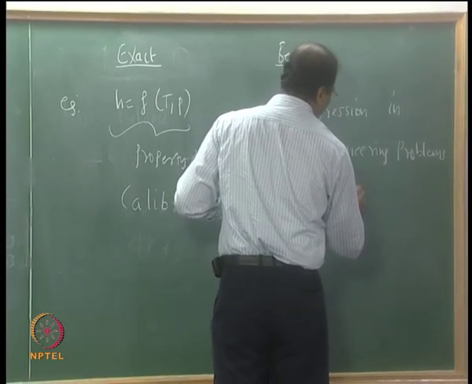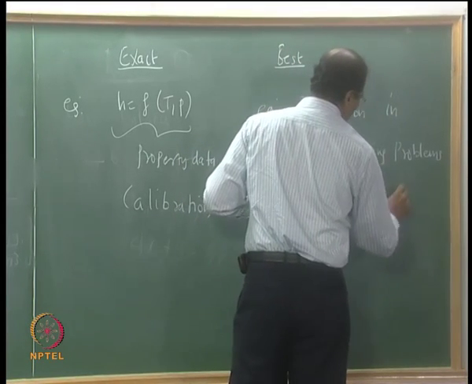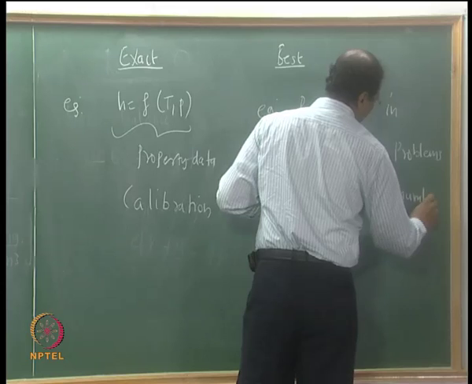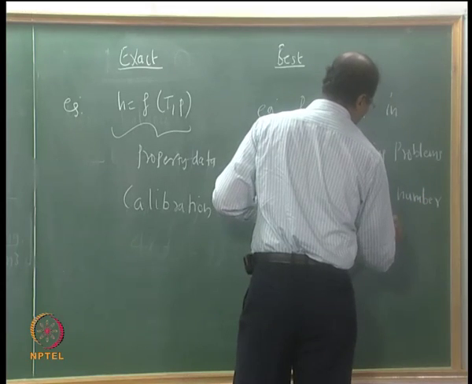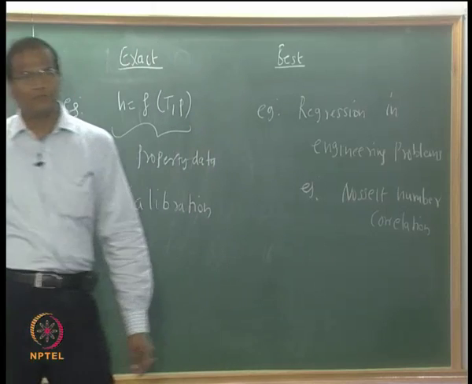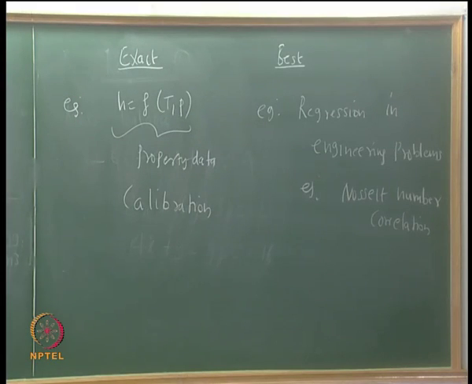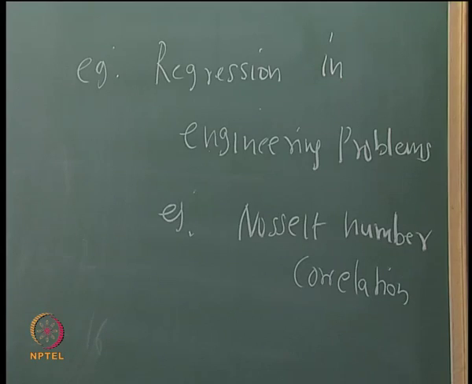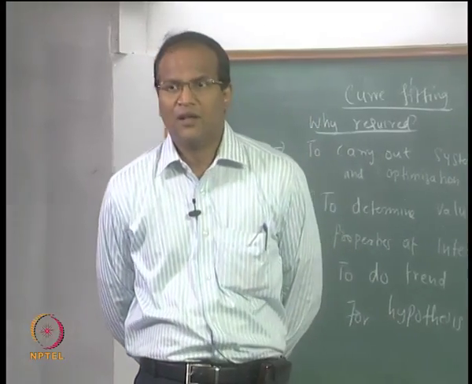example, Nusselt number correlation. You consider flow over a cylinder, you heat the cylinder, send cold air, okay, you do experiments under steady state, measure the total amount of heat which is dissipated in order to maintain the cylinder temperature constant, increase the velocity.